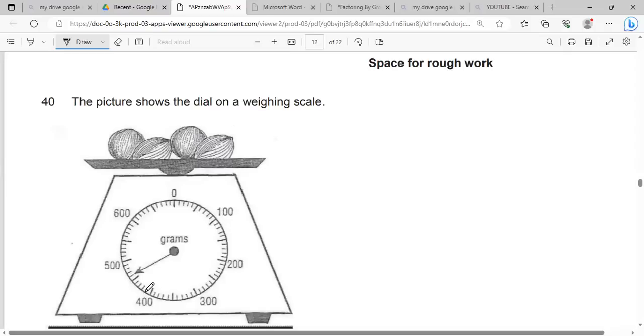So we have 1, 2, 3, 4, 5, 6, 7, 8, 9, 10. So that means 100 is 100, so one stroke there is 10. All right, so let's see now. We have 40, yes, so that'll be 50, 60. So that should be 460, because one of them is 10. So 460.